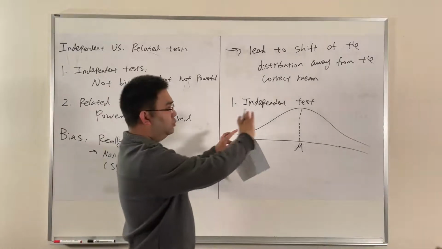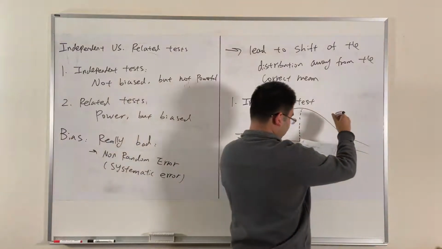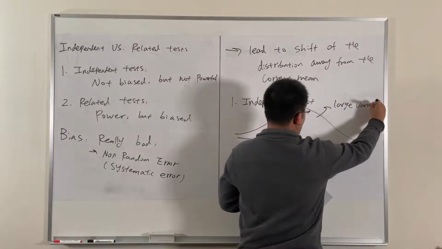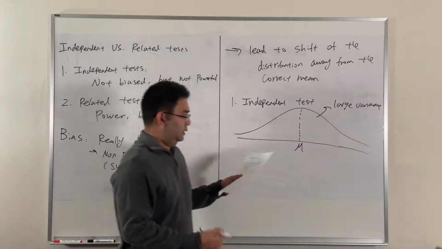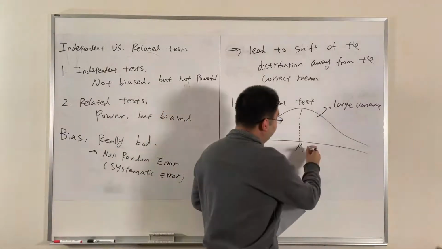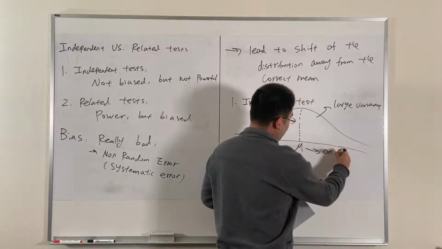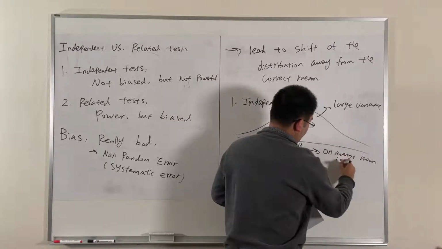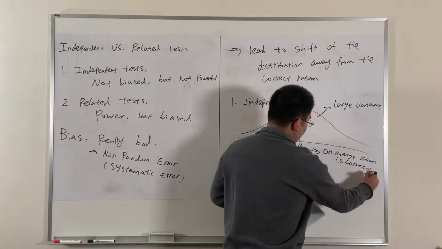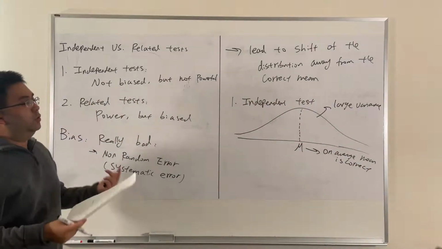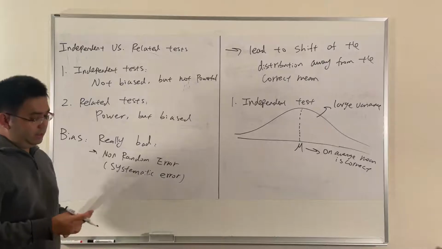So the distribution is more spread out with a large variance. But the good thing is that on average, the mean value is correct. So even though you have more spread out data, so large variance, on average, your mean is correct.